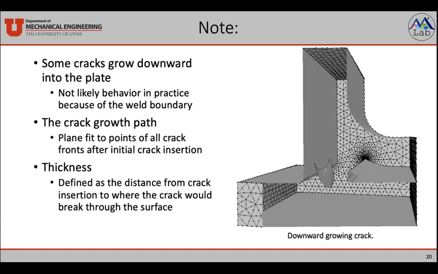Given the variability of the different crack growth paths, we decided it would be important to have a feature in our model that would help us describe the crack growth path, as well as the thickness, which was dependent on the crack growth path, depending on how far the crack would have to travel to break through to another surface.